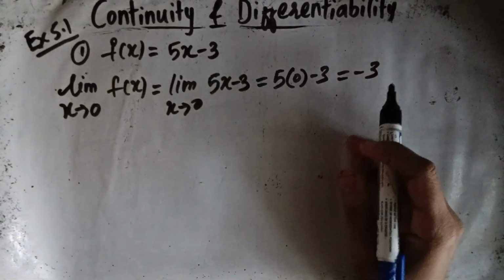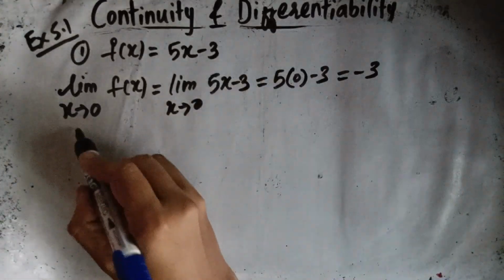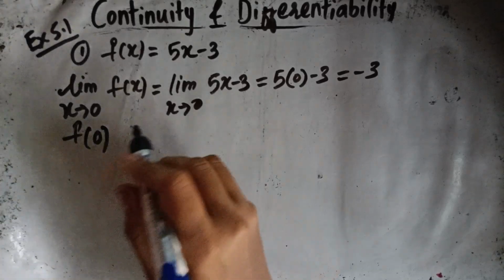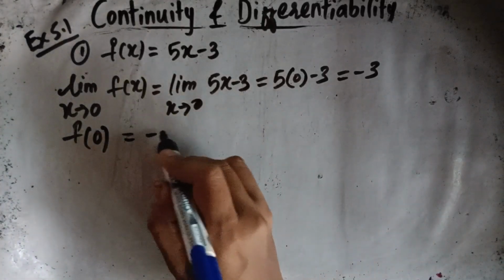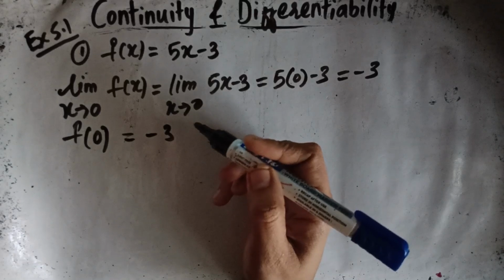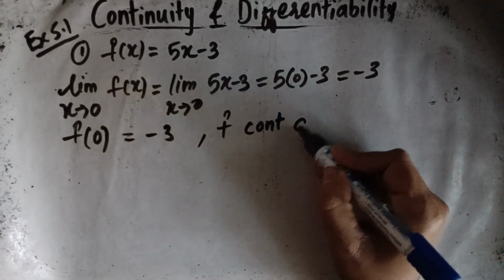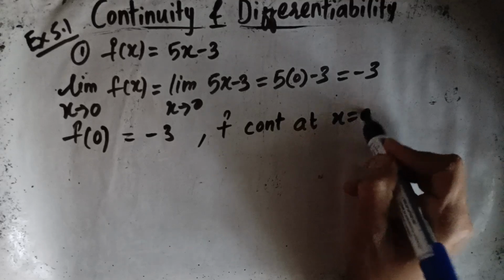This is true. Now we have to look for f of 0, that is at that point. So f of 0 is also the same. So we can say that f is continuous at x equal to 0.